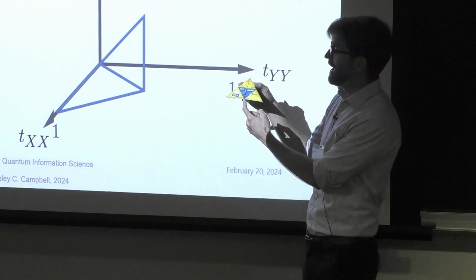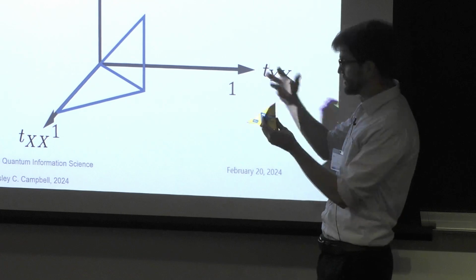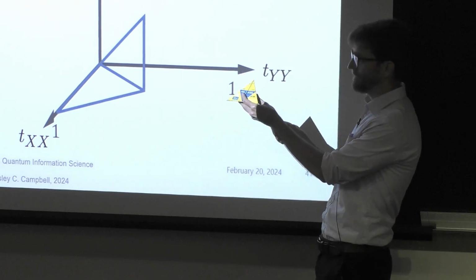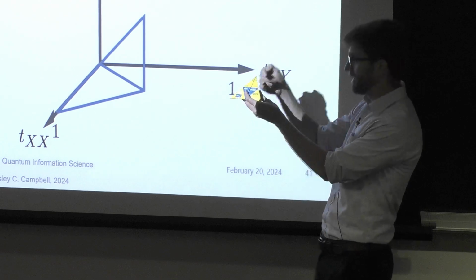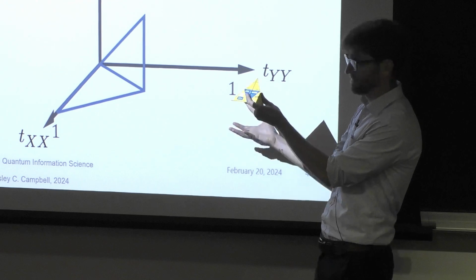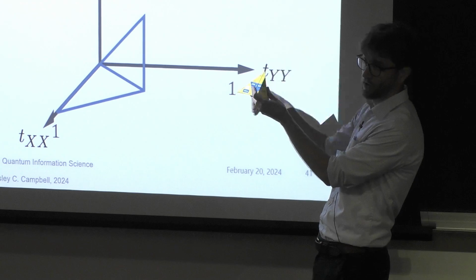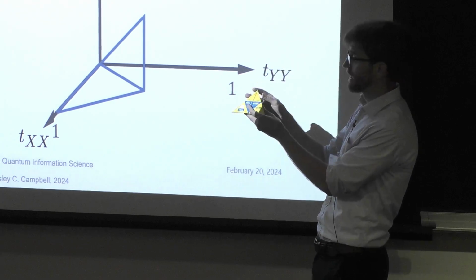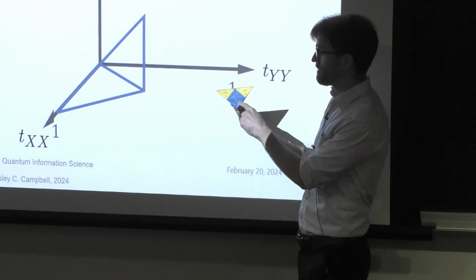The interior of your Weyl chamber is generically all of the different XYZ models. Those points represent evolution that's generated by Hamiltonians that have XYZ: a coefficient on XX, coefficient on YY, coefficient on ZZ. The bottom face, the base, is all XY models.